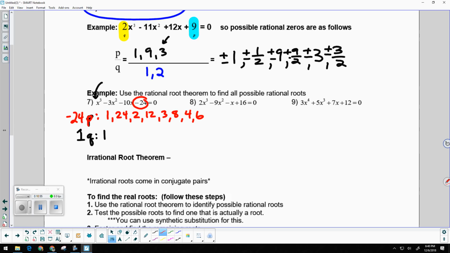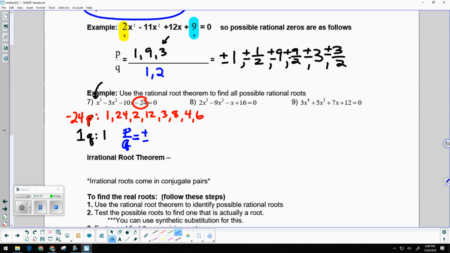Now, for my final answer, I'm going to take the ratio of P to Q. So P divided by Q equals, and I'm going to put a plus or minus here, and I am going to make sure we all understand that applies to every ratio we have here.